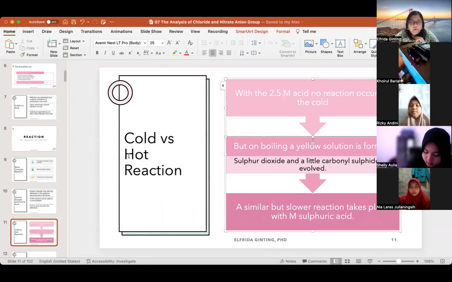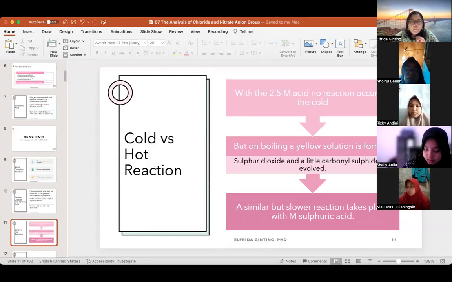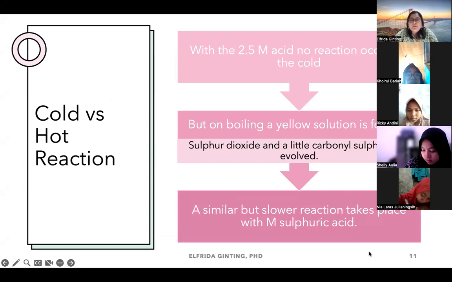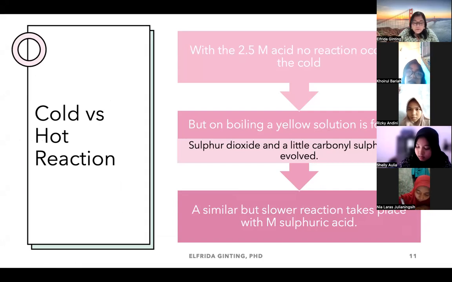There is no reaction with a cold temperature.